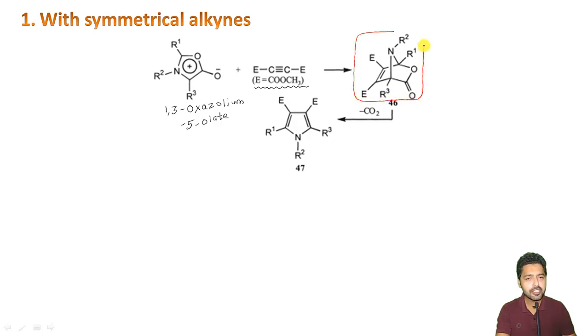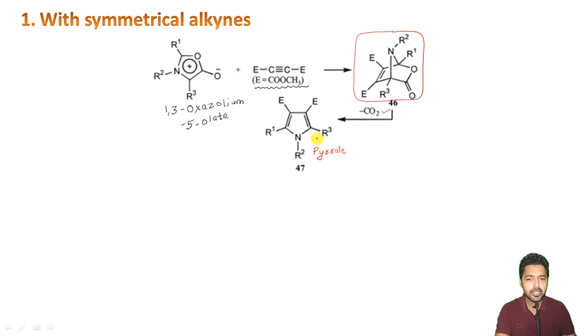But the reaction won't stop at this stage because it is entropically favored in this direction by the elimination of a molecule of CO2, which you can see here, resulting in the formation of a molecule something like this, which we all know is a pyrrole type of molecule, right?